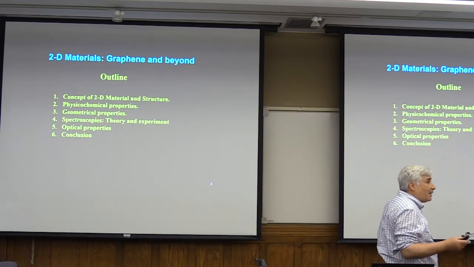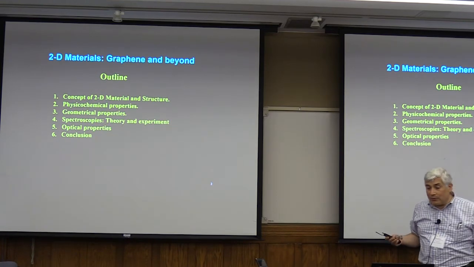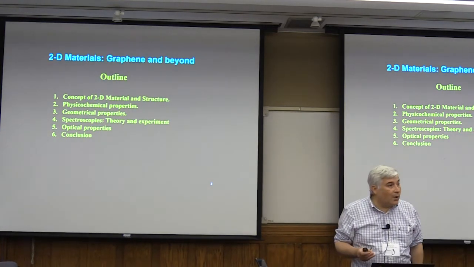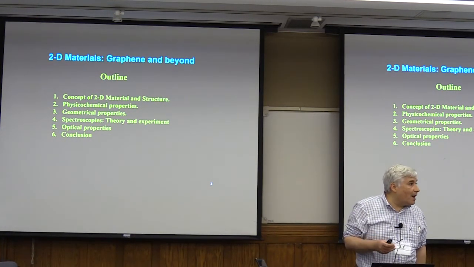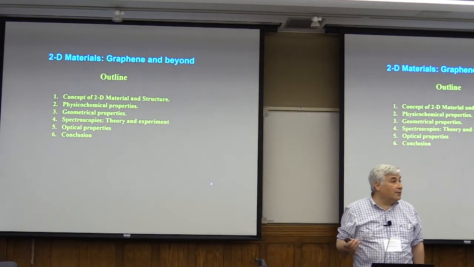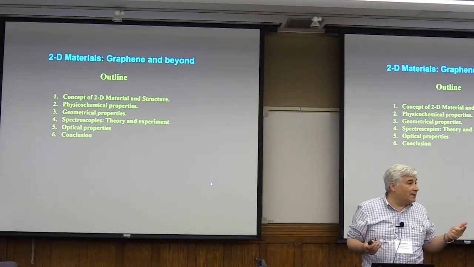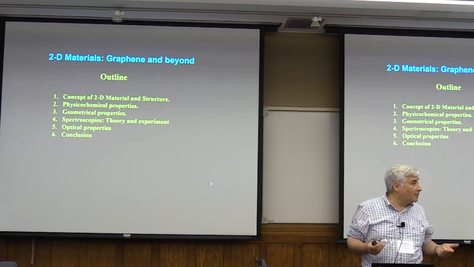Graphene is a semi-metal or a zero-gap semiconductor. So if you don't have a gap, you cannot do very much with your optical properties. But if you have a gap and you have particular features in your structure, you can have linear optical properties, and what is more interesting, nonlinear optical properties.